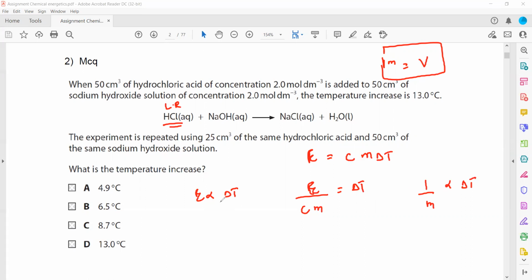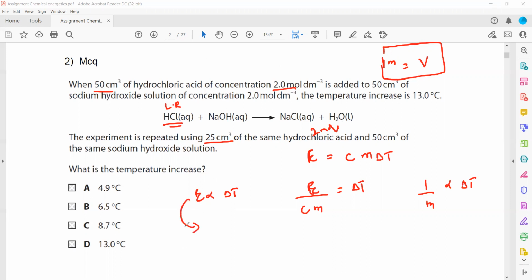First, we check in terms of moles, because originally we used 50 cm cube of 2 mole per dm cube, but now we are using 25 cm cube of 2 mole per dm cube HCl. So if the volume of HCl is half, its moles will also be half, because sodium hydroxide is now an excess reagent, so the energy release depends on the limiting reagent.